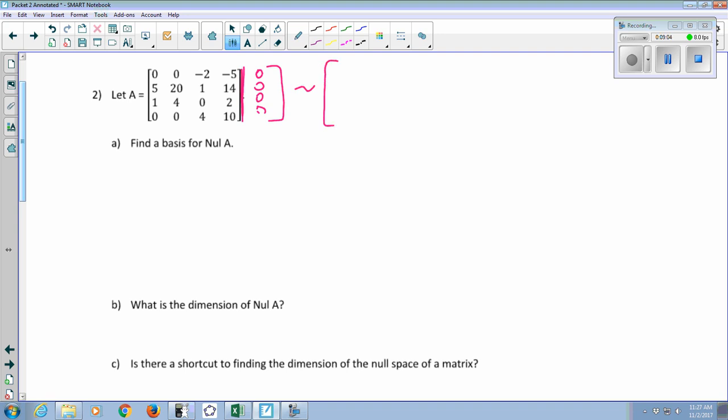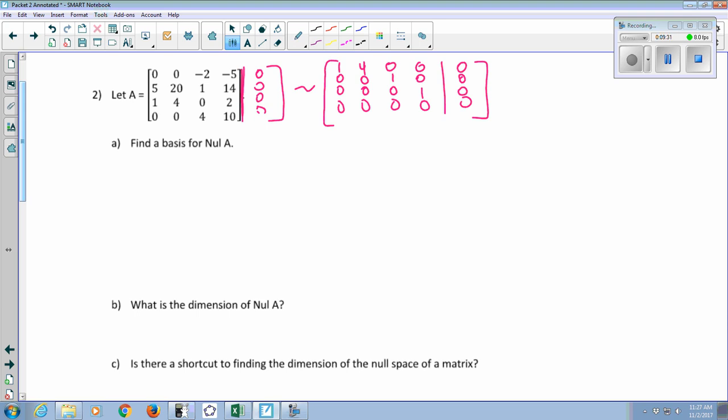And you get 1, 0, 0, 0, 4, 0, 0, 0, 0, 1, 0, 0, and 0, 0, 1, 0. So my basic variables are going to be x1, x3, and x4 because I have pivots in those columns. My free variable is x2.